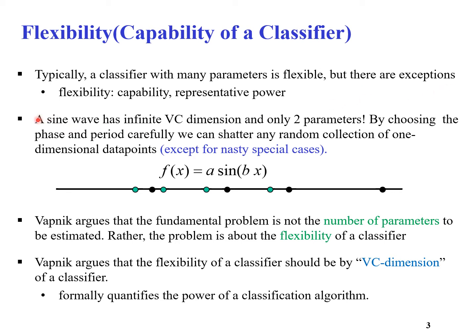If you look down here, let's say we have a sine curve function, a times sine bx. This is the phase, and this is the period. This function has only 2 parameters, a and b. Even though it has only 2 parameters, it can represent any arbitrary combination of class values in this one-dimensional data.